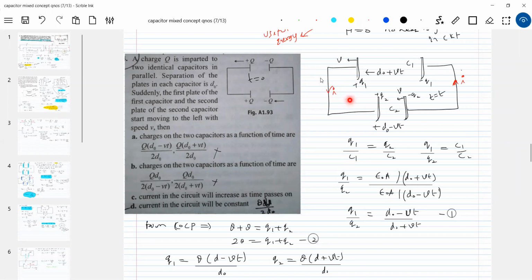So shall we write Q1 plus Q2 and differentiate it, the magnitude, or only the particular one? So only I, you should write, equal to dQ1 by dt, or you write dQ2 by dt.